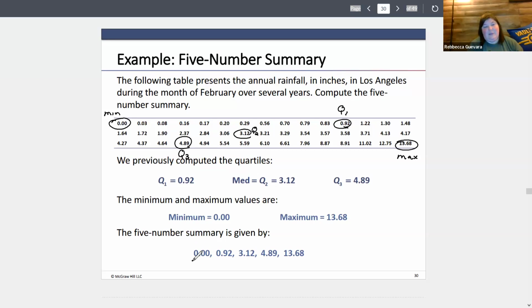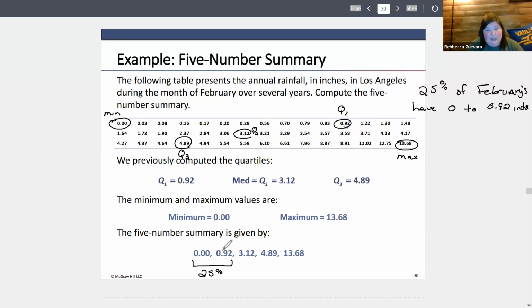What it's telling me is that between here and here is 25% of the data. So 25% of Februarys have 0 to 0.92 inches of rainfall.